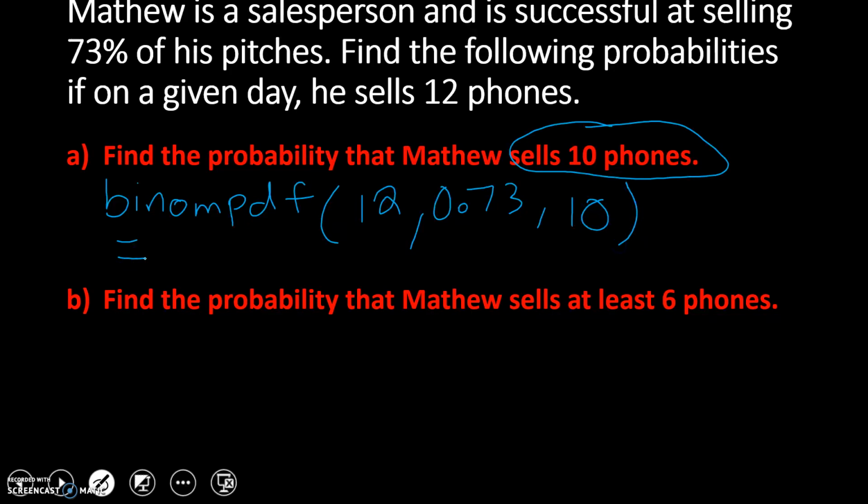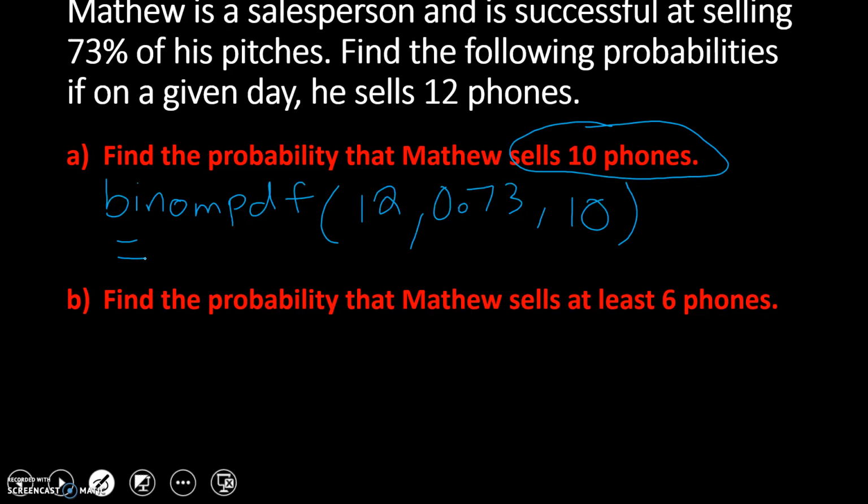I'm going to use my calculator. The way you solve these on your calculator is you press second, vars, and keep going down to A and B, and those options are binom PDF and binom CDF. You click whichever one you're going to use, in this case binom PDF.